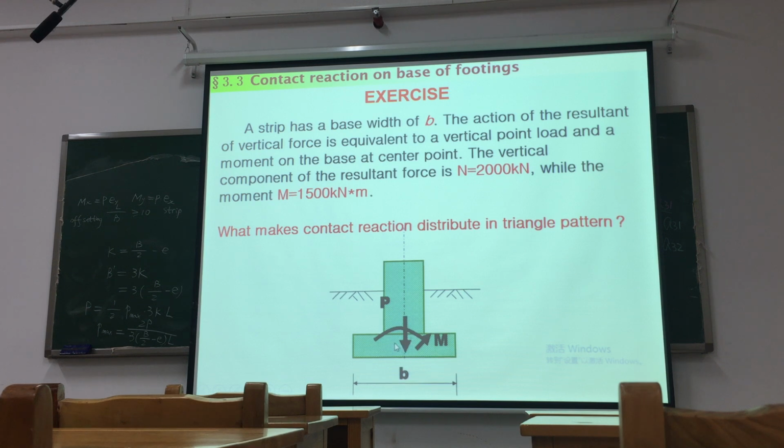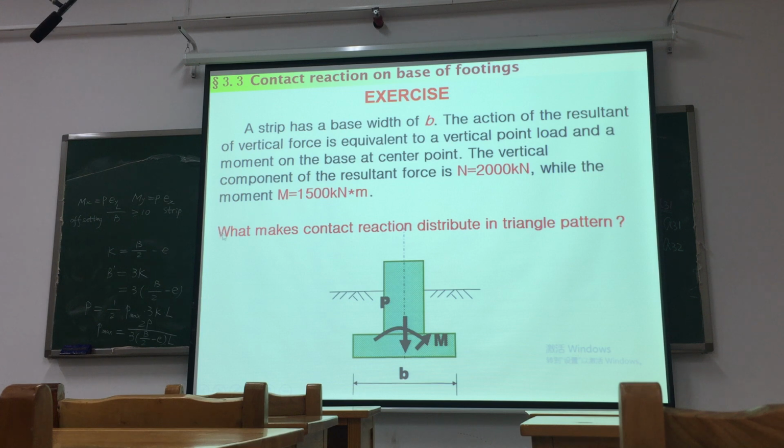The vertical component of the resultant force is 2,000 kN, while the moment is 1,500 kN.